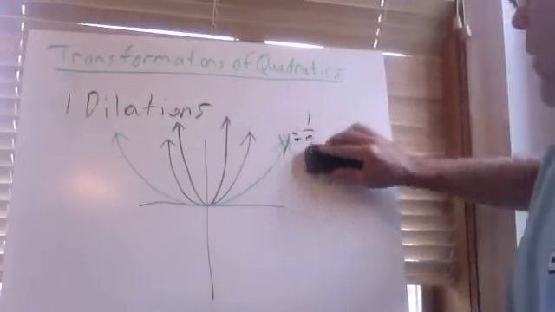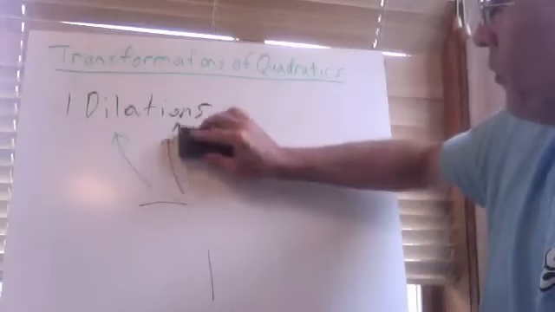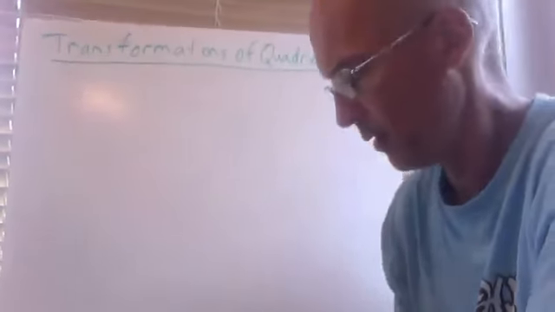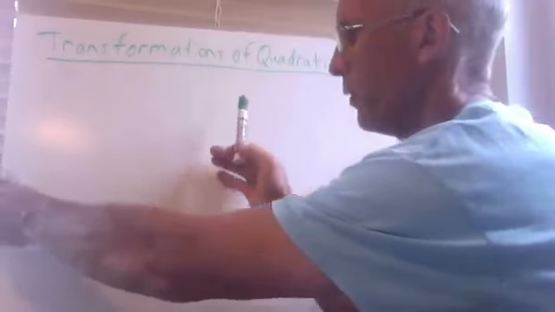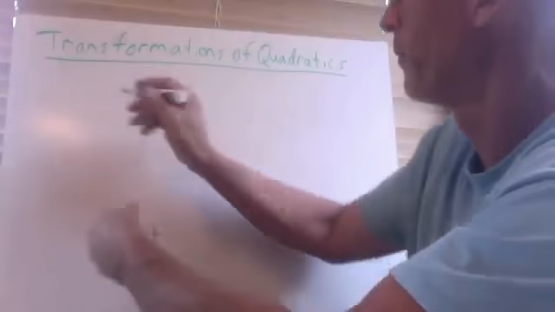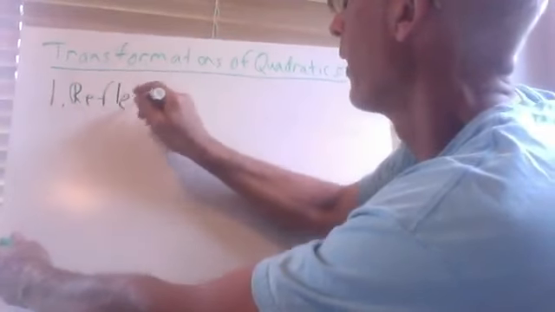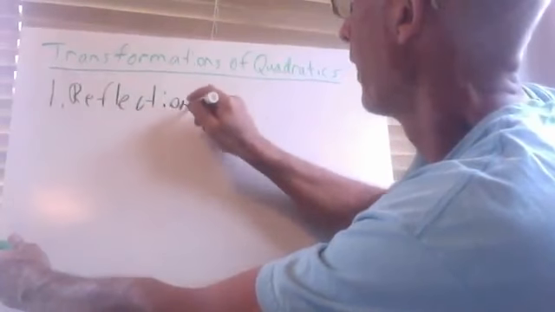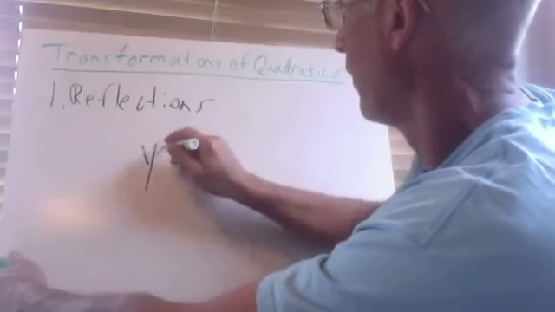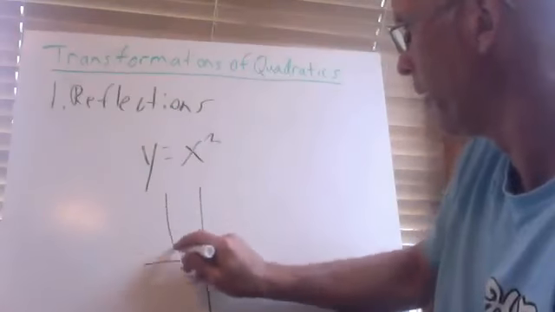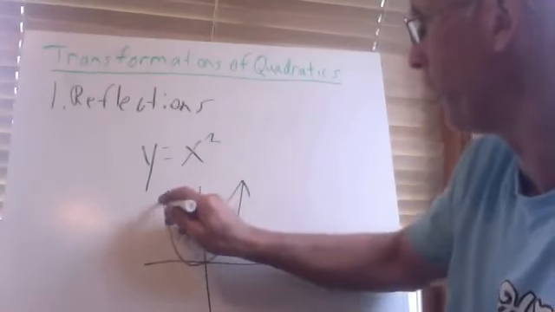All right, and then our last transformation are called reflections. Here I have our original parabola again.